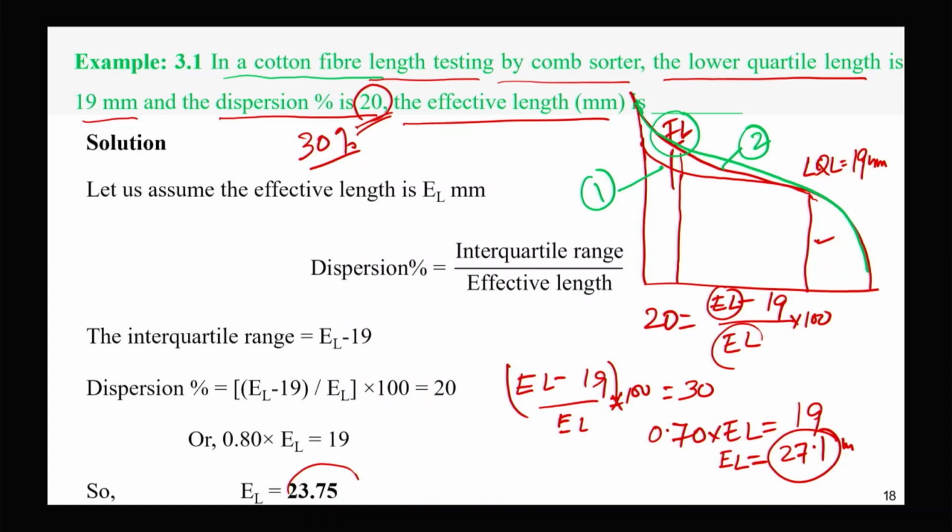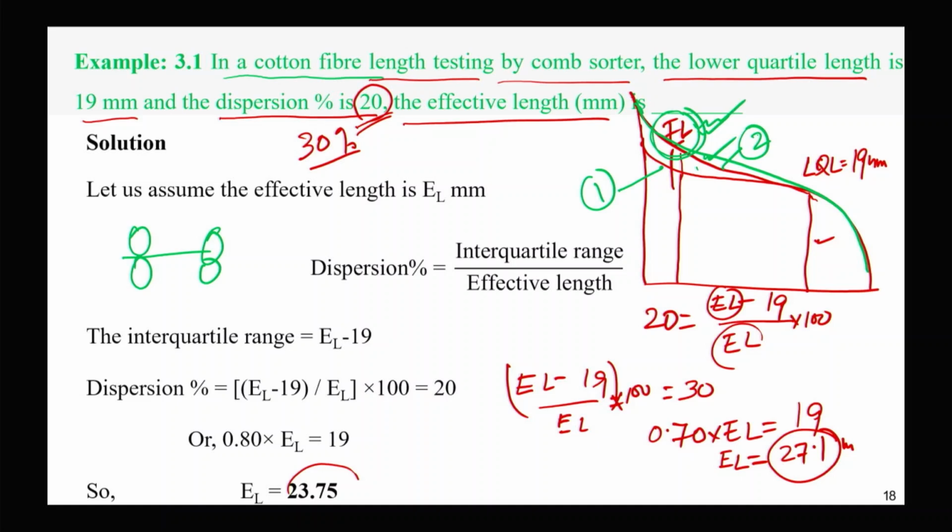The roller setting in the drafting is done based on the effective length, so when we set the roller based on this effective length, the floating fibers will be more in fiber 2 due to the dispersion percent.